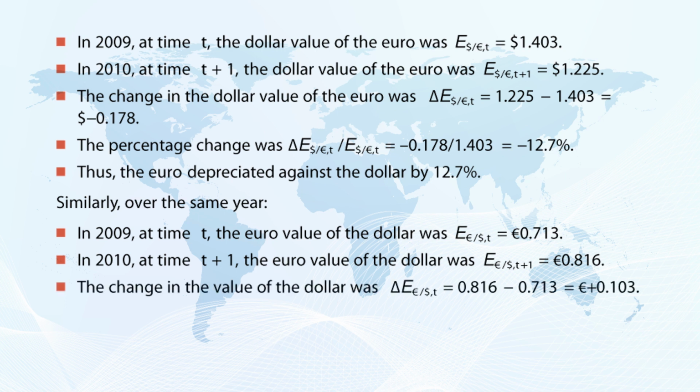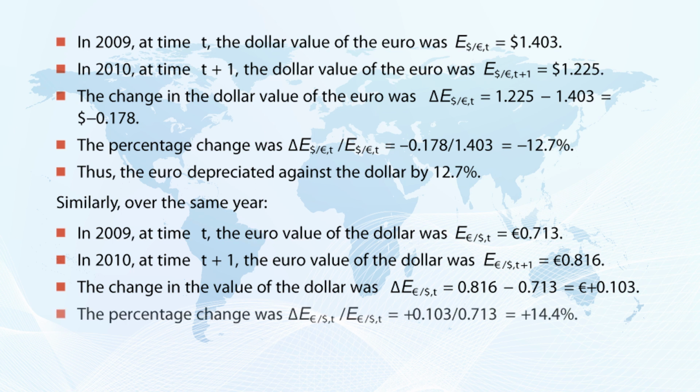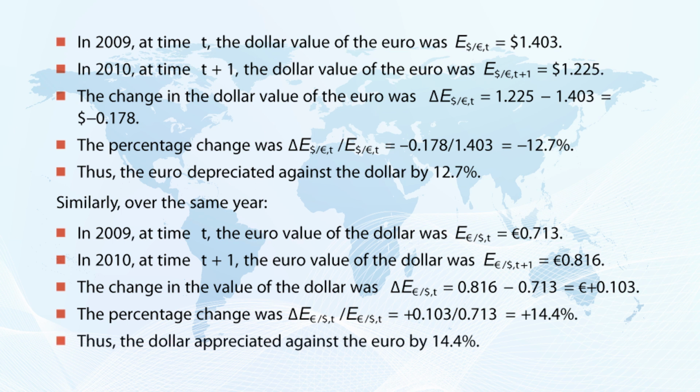The change in the euro value of the dollar was 0.759 minus 0.770, equal to negative 0.011. The percentage change was the change in exchange rate over the exchange rate, equal to negative 1.43%. Thus, the dollar depreciated against the euro by 1.43%.